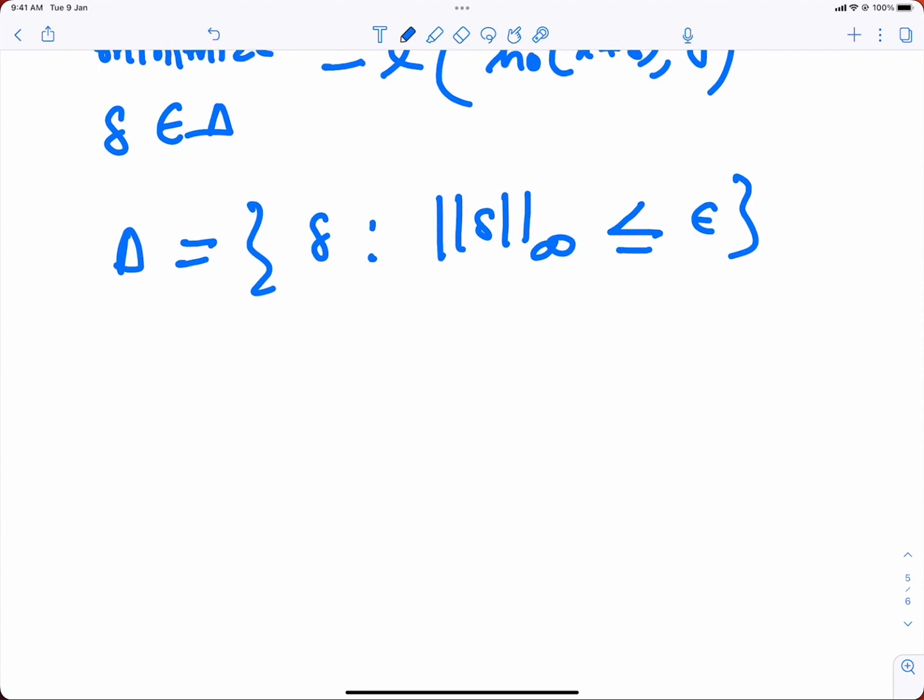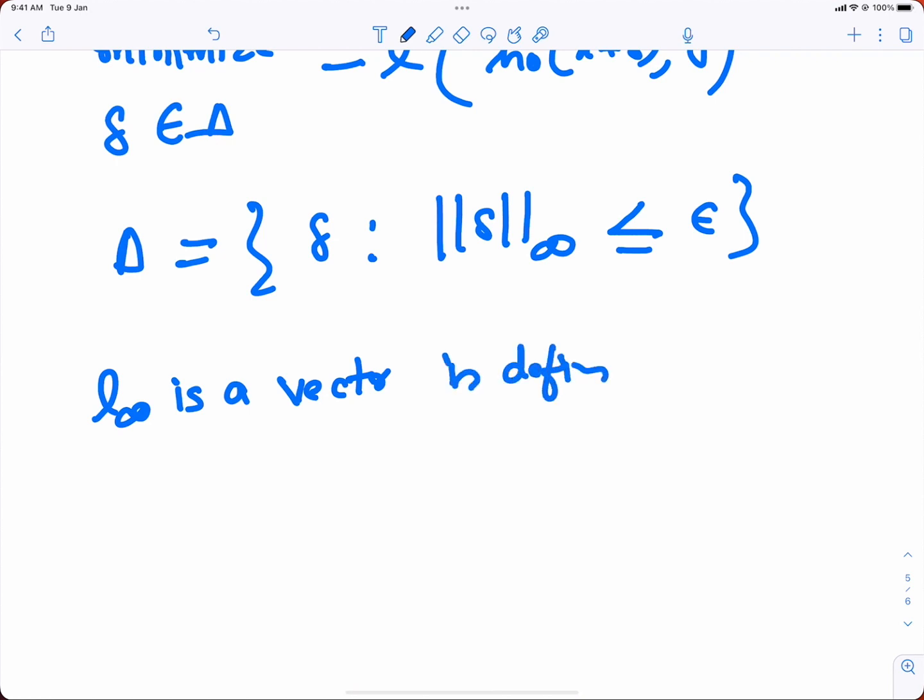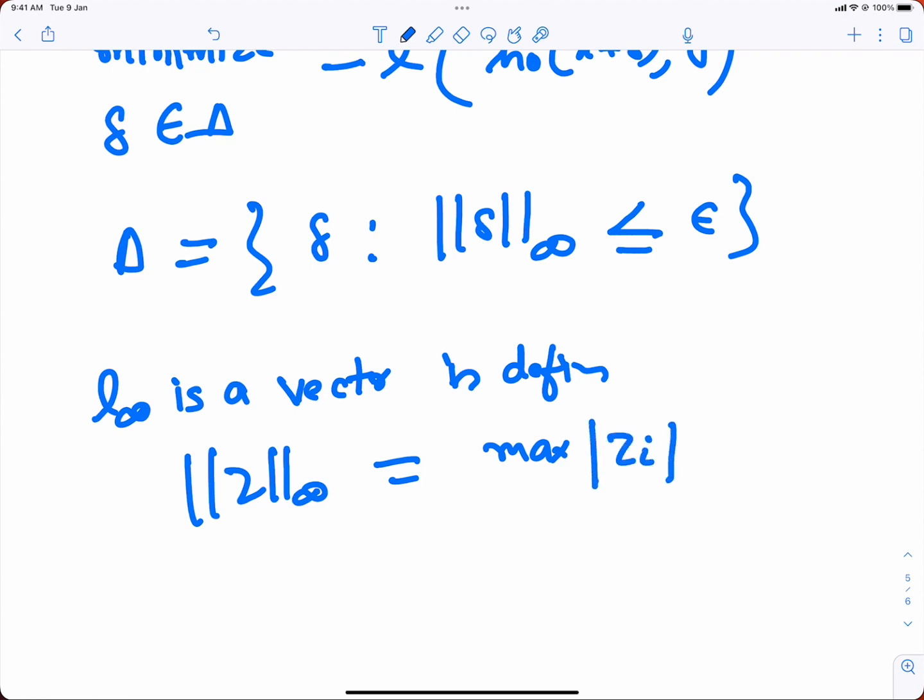We know that the L infinity norm of a vector z is defined as the maximum of the magnitude of z_i.